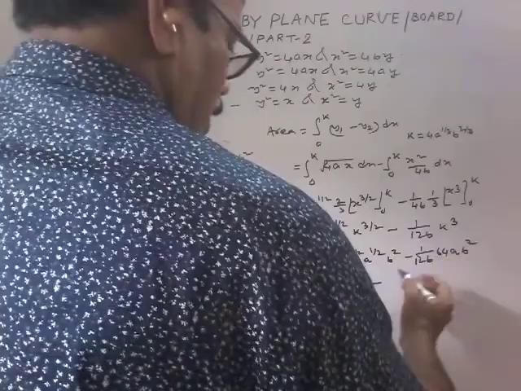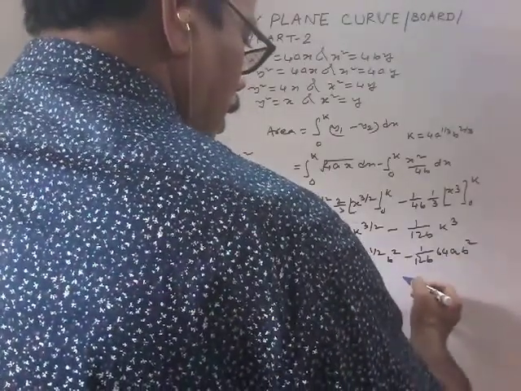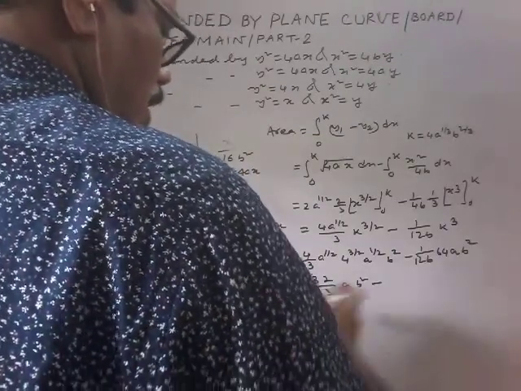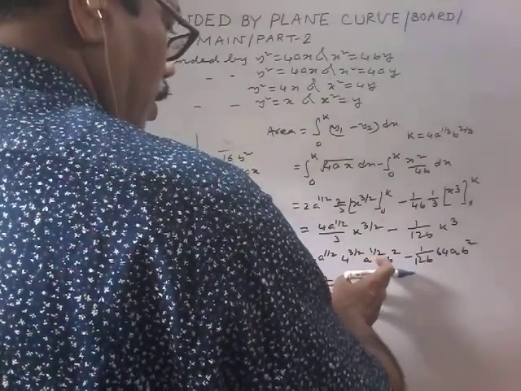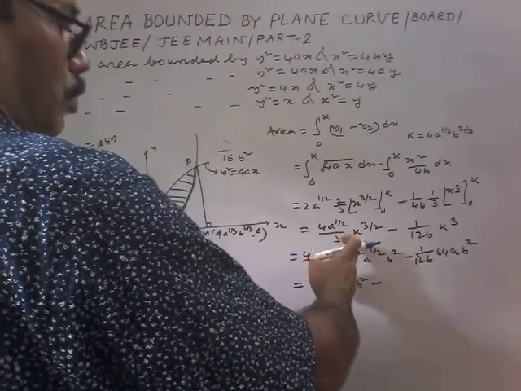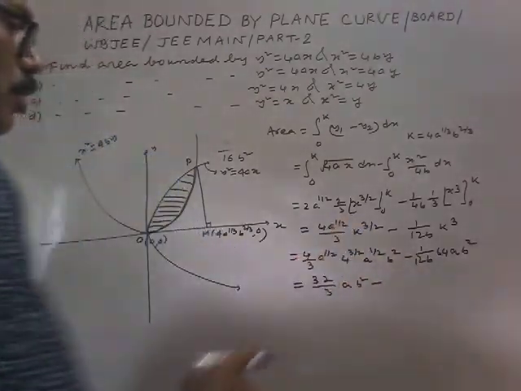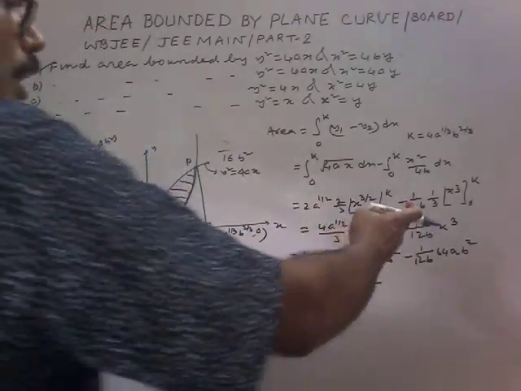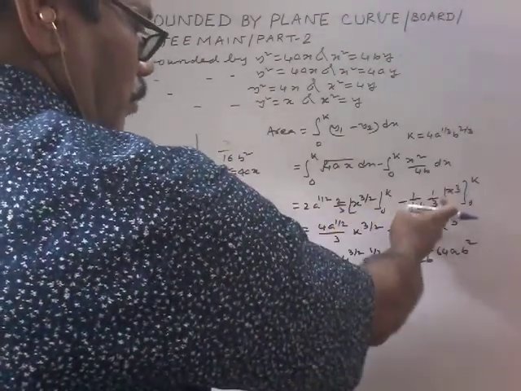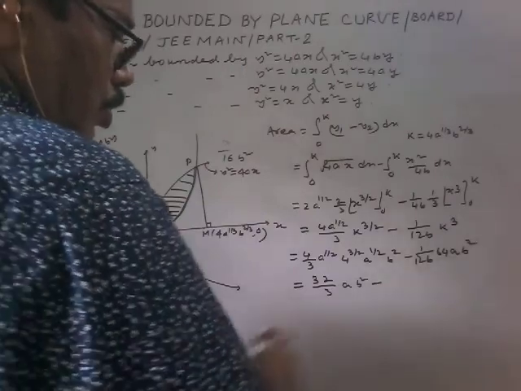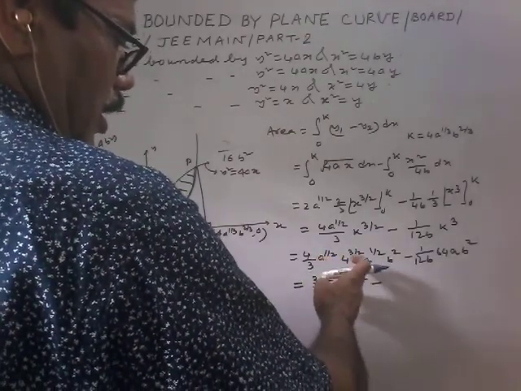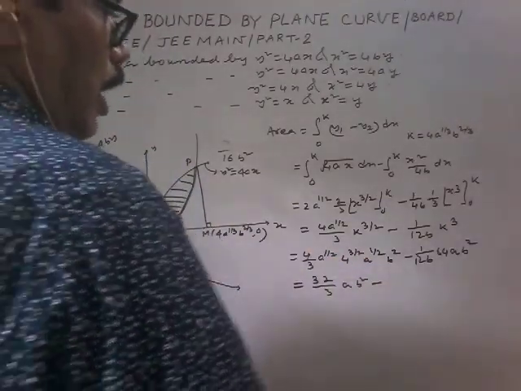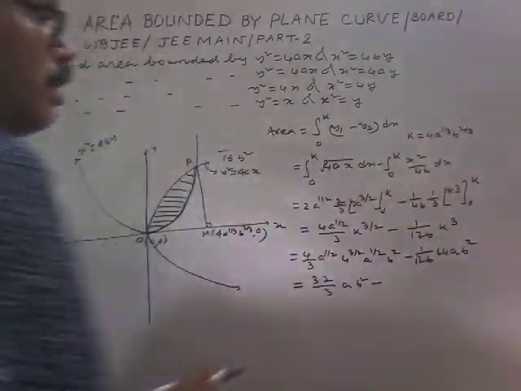Now k to the power 3 by 2, and this is 1 by 4b, 1 by 3b. So ab square a, this is a to the power half.